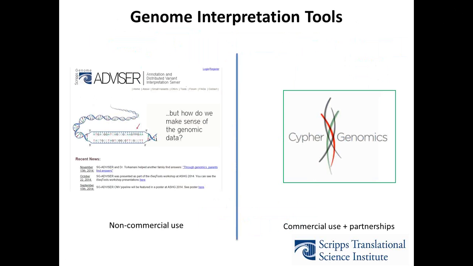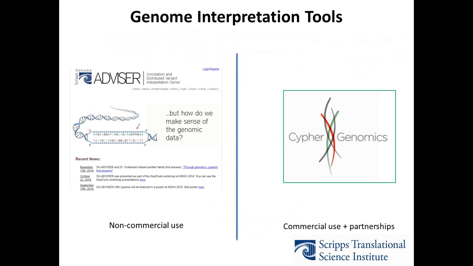I primarily focus on building interpretation tools for this sort of analysis. I plan the entire study, but then focus on, once you have the data, what do you do with it?